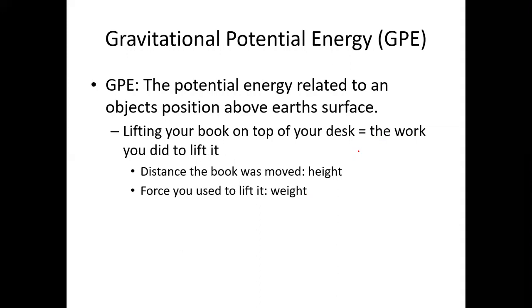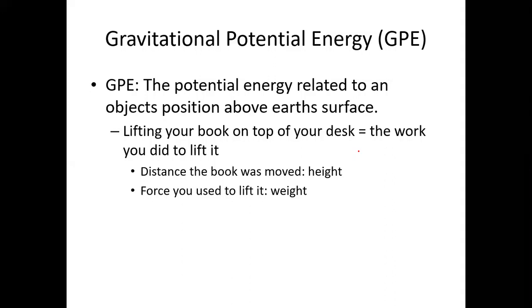Gravitational potential energy, or GPE, is the potential energy related to an object's position above the Earth's surface. Like, for instance, lifting your book on top of your desk. You do work when you lift it, because you moved the object, so there was height, and you exerted force equivalent to its weight.